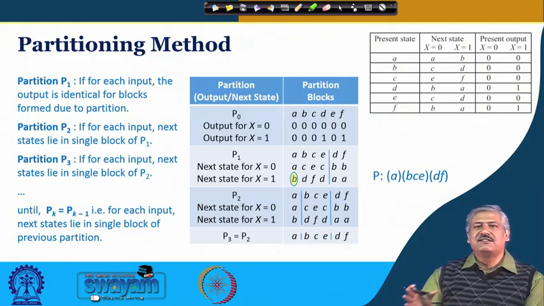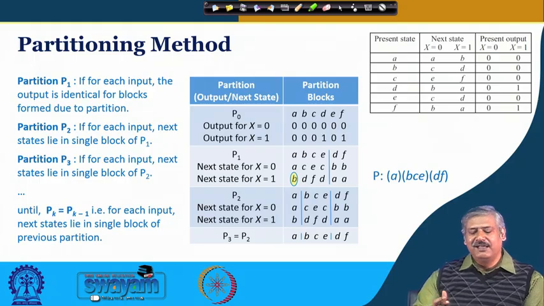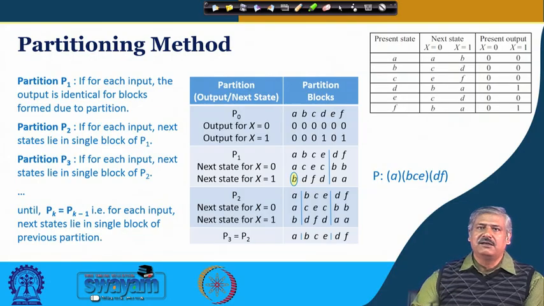Initially they are all considered to belong to one group, one block, and then we keep examining whether there is something that differentiates them, that separates them, and then we put a partition. We go on doing this partitioning to the extent possible, and when no further partitioning is possible, we stop the process. Is it fine?